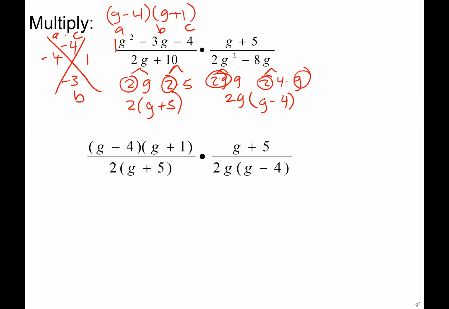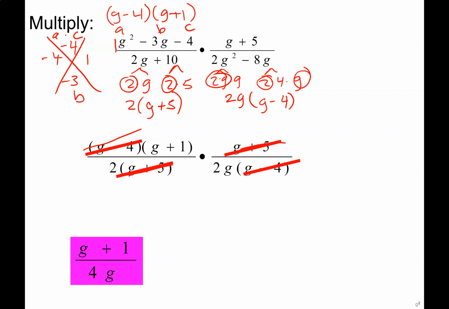At this point, you want to check to see if you're able to cancel out anything, top and bottom or across, right? So you should see a couple things go away. Bye. Bye. And let's see, on top it looks like I'm going to have a g plus 1. In the bottom I have this 2 hanging out and this 2g. It says multiplication, so 2 times 2 would give me the 4g.